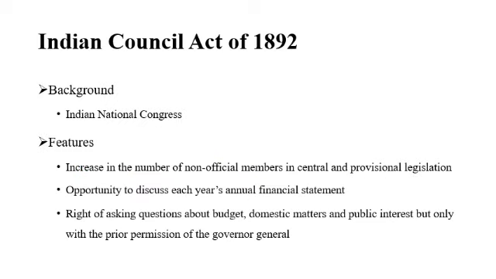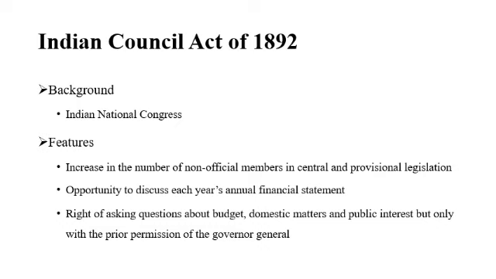The last one is the Indian Councils Act of 1892. In the background, in 1885, the Indian National Congress was established, which demanded the involvement of more Indian members, more local members, in the administration. So this was the new act promulgated by the British. The features were an increase in the number of non-official members in both the central and provincial lawmaking bodies.